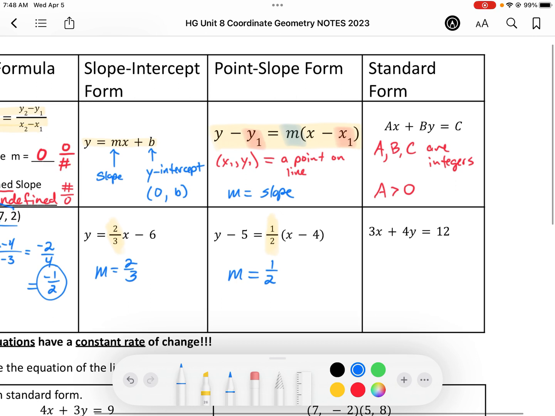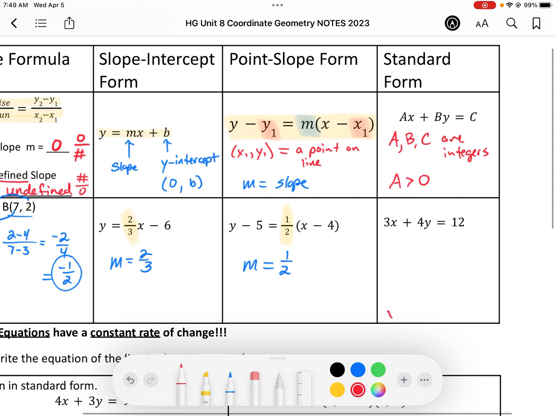But to find the slope from an equation in standard form, you have to put the equation in the correct form first. So we're going to put this into slope-intercept form. That means I want to turn it into y equals mx plus b. So I'm first going to subtract the 3x from both sides, because ideally I want to get the y all by itself on the left. This gives me the equation 4y equals negative 3x plus 12.